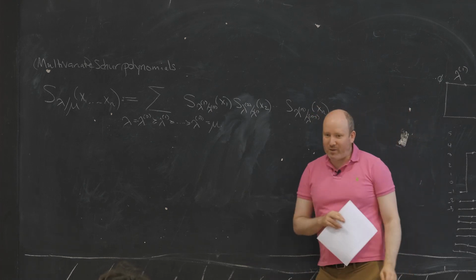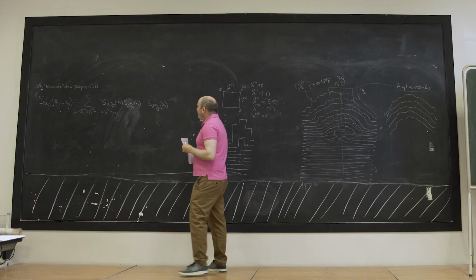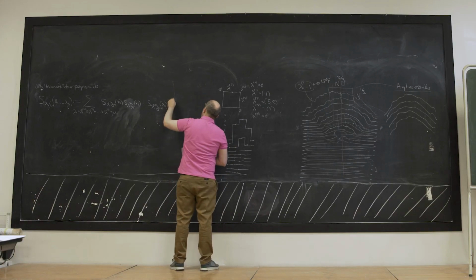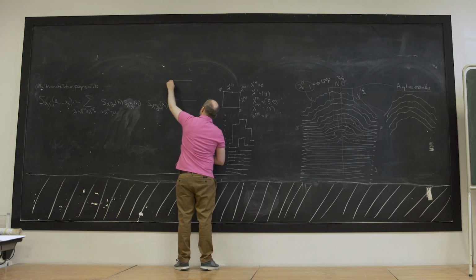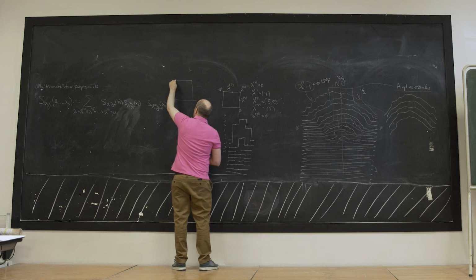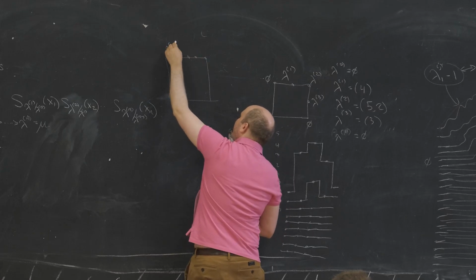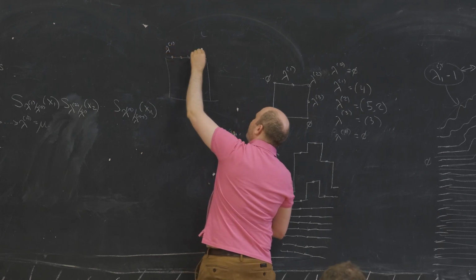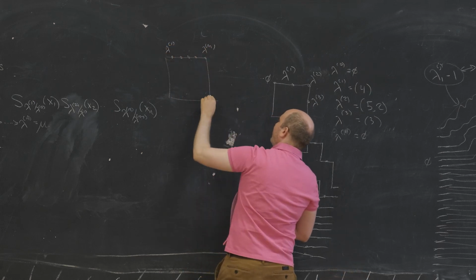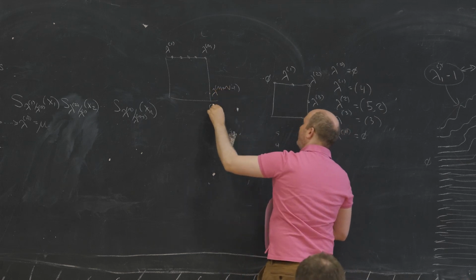Okay, this looks complicated, right? Like it's some gigantic sum. But if you think about it from the perspective of my Schur process, so remember I had lambda 1 up to lambda m, and then down to lambda m plus n minus 1, and the empty partition.